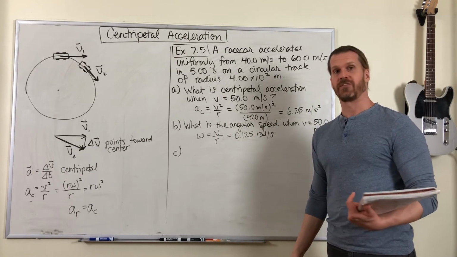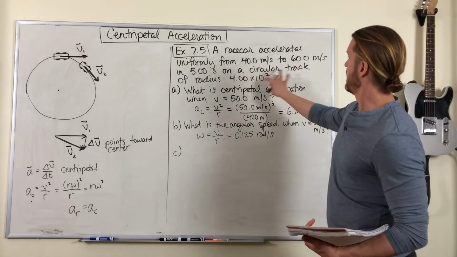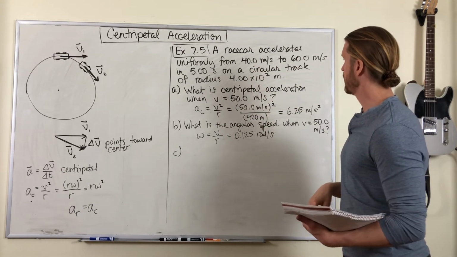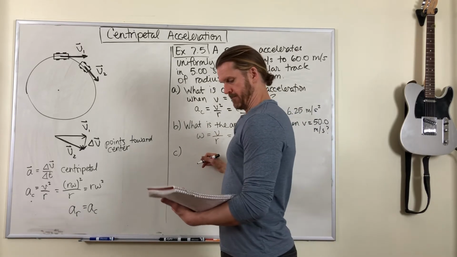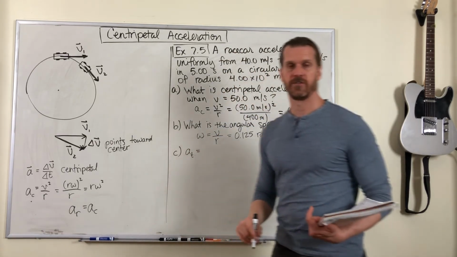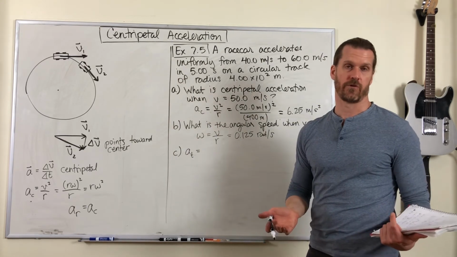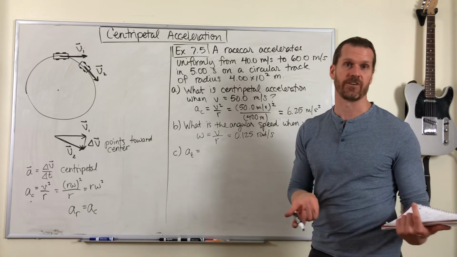Question C, what's the tangential acceleration? So we'll look at this whole speeding up process from 40 to 60 meters per second. The tangential acceleration is just our regular understanding of acceleration. It's the linear acceleration.